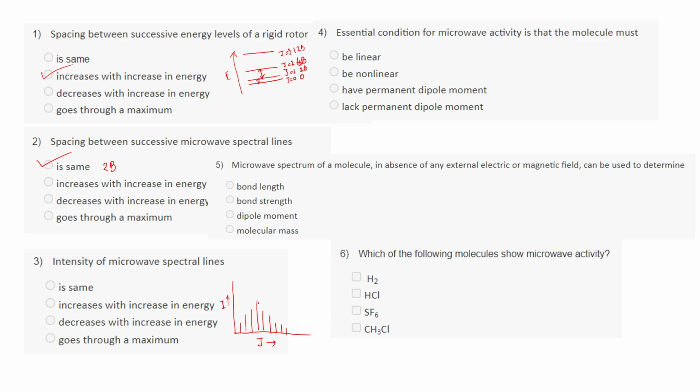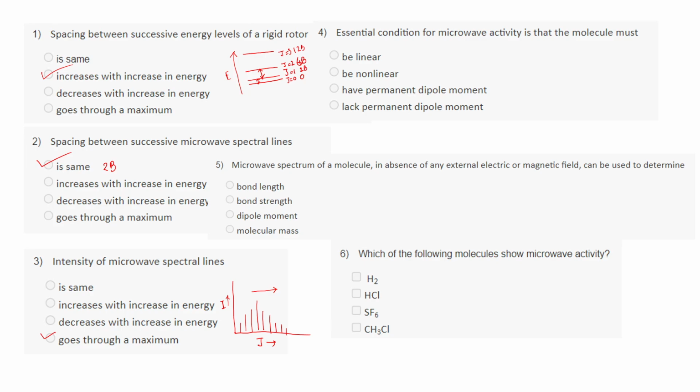What will happen if you increase the temperature? If we increase the temperature, then the J value where the intensity is maximum increases. Then you will see these lines move towards red shift, right? Is it correct?